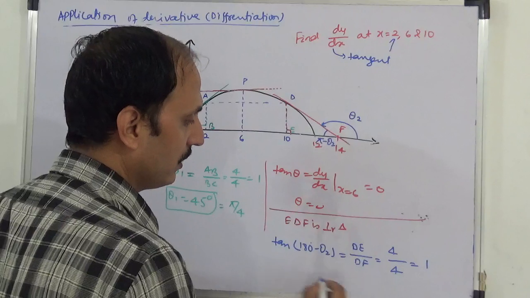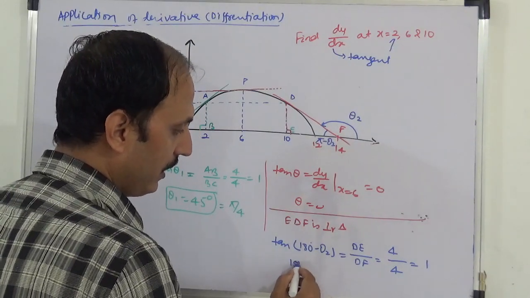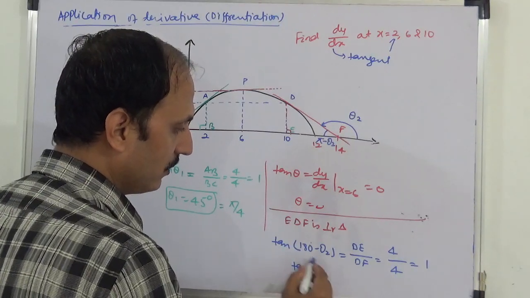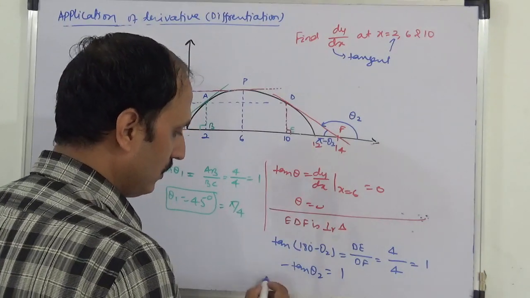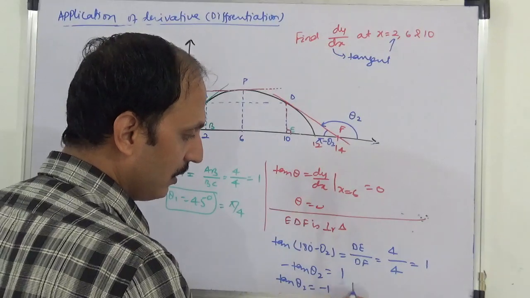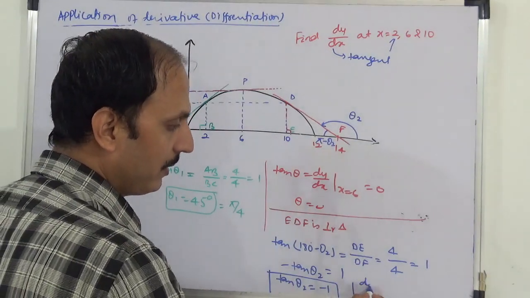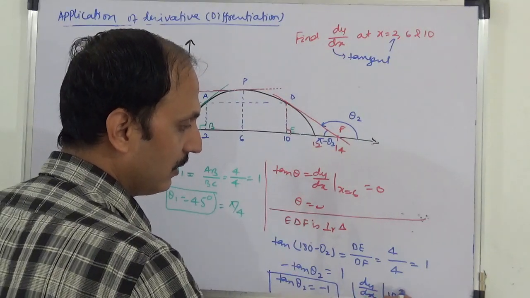So this becomes 1. Since tan of 180 minus theta is minus tan theta, tan theta 2 becomes minus 1. That means the slope at this point 10 is minus 1. That is, dy by dx at 10 is minus 1.